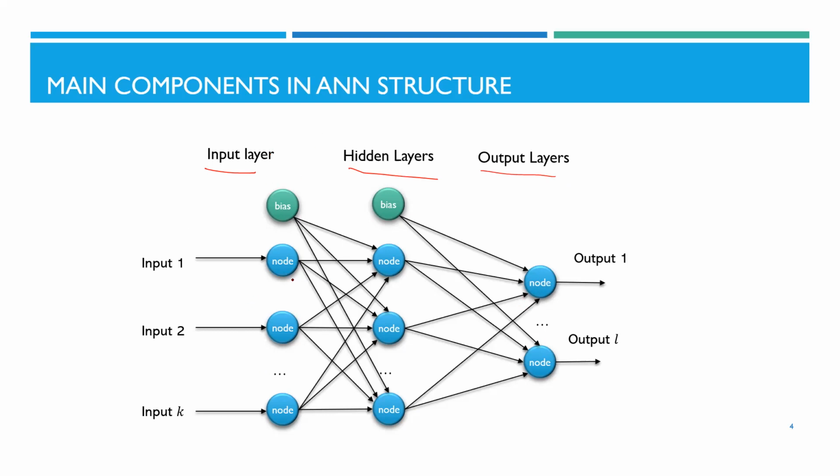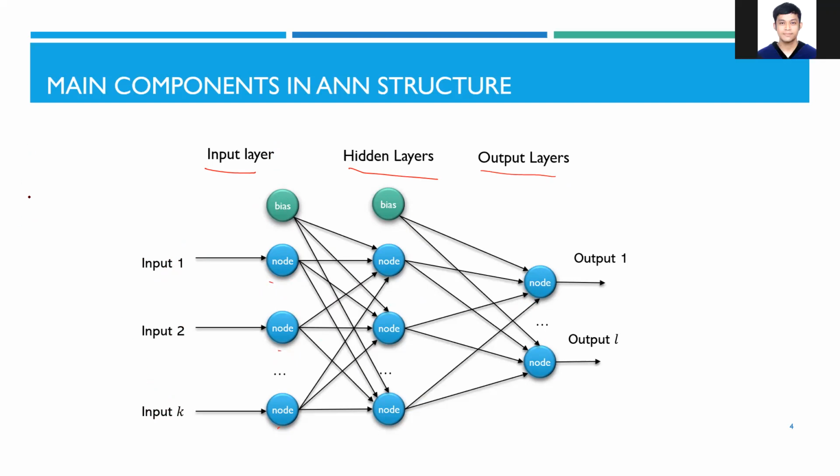Each layer will have some nodes. In the input layer, the number of nodes depends on the number of inputs. Let's say we have two inputs, then we have two nodes. If we have k inputs, then we have k nodes. Maybe I will clarify here: the number of inputs doesn't mean the number of data.